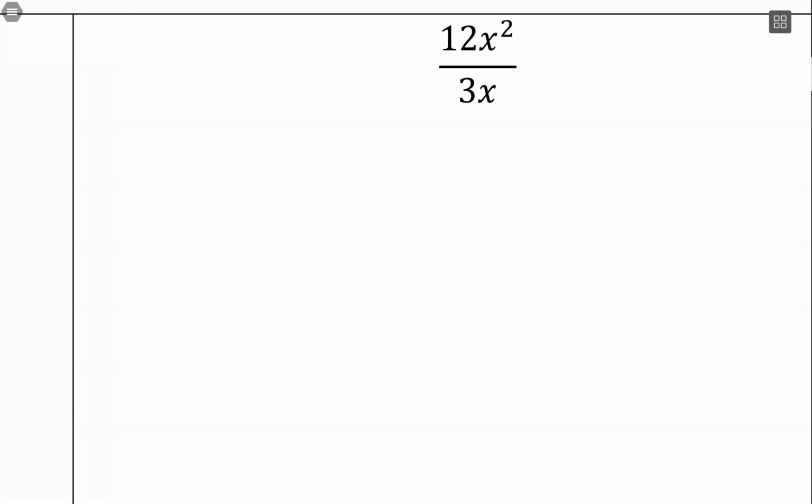In this next example here, notice there's no addition or subtraction in the numerator or denominator, and when those are not present, there's a lot more freedom in terms of what we can do for canceling. So like the 12 divided by 3, that's just equal to 4. So numerically I'll have 4, and then I have this x squared over x piece.